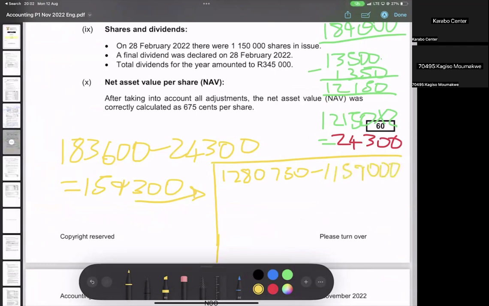So 1,280,750 minus 1,159,000 is equal to 121,000.